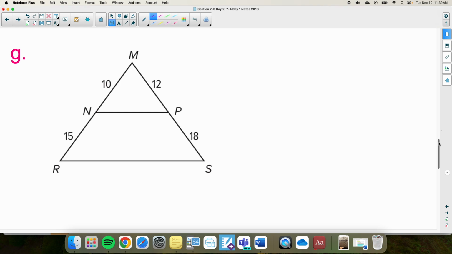Do you guys get that this little triangle and the big triangle share that angle? Okay, and this one I would suggest taking these two apart.